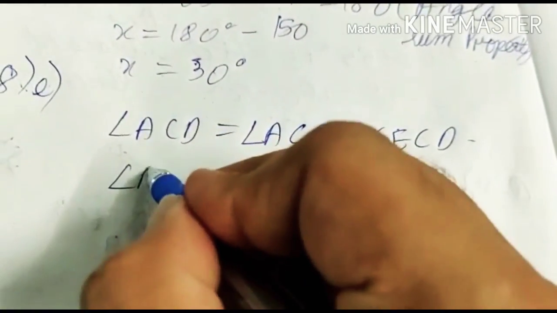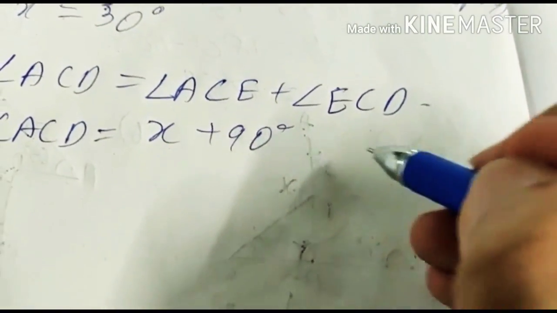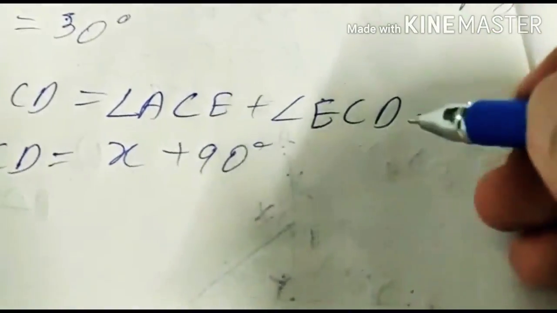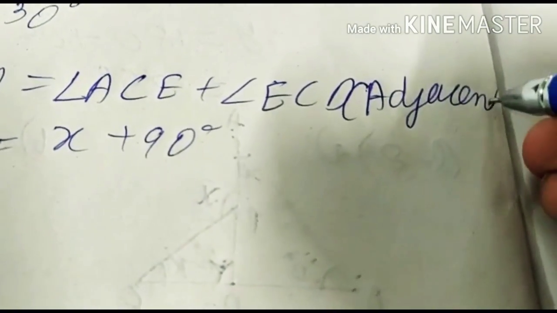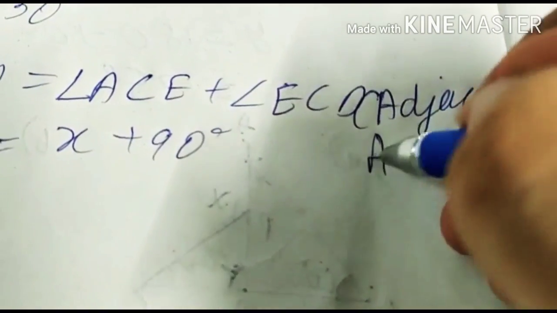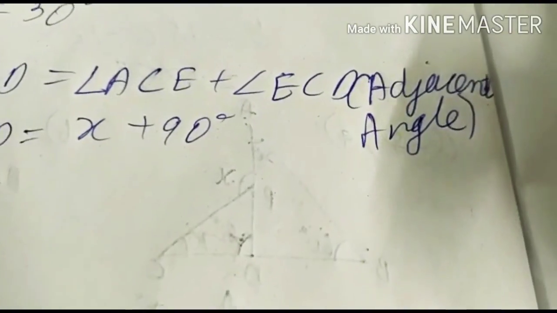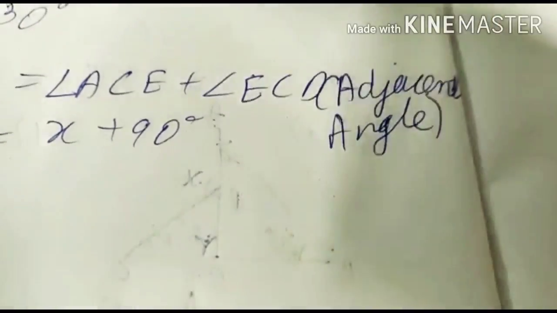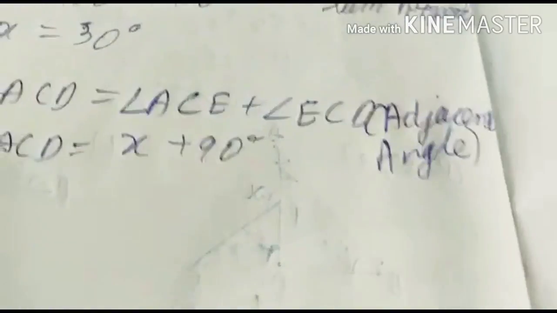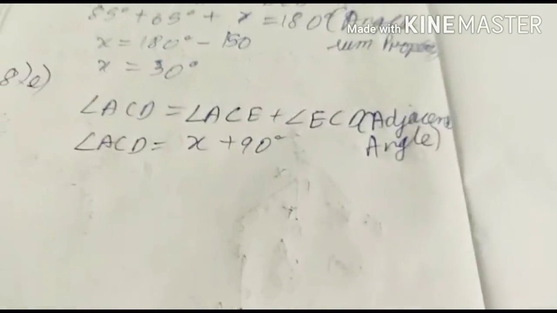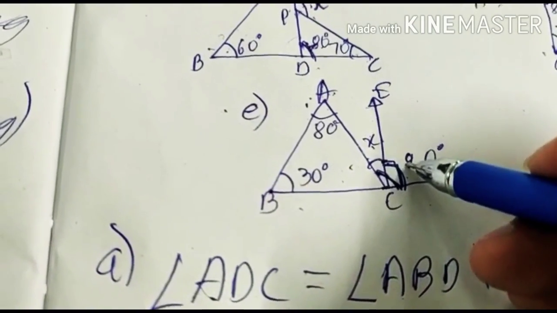So angle ACD equals x plus 90 degrees. How did it come? Adjacent angles. What is an adjacent angle? If the whole angle is cut into a few parts, then the sum of those small angles equals the total angle formed in the figure.